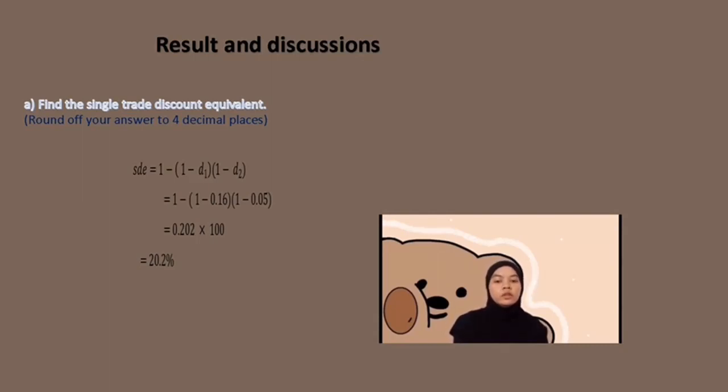So the solution is d1 equals 0.16, d2 equals 0.05, SDE equals 1 minus bracket 1 minus 0.16 bracket, bracket 1 minus 0.05 bracket. After that, we calculate and we get 0.202 times 100, so the answer is 20.2%.